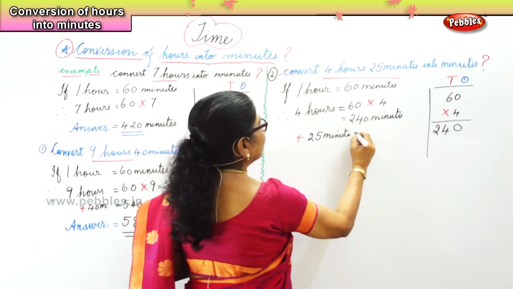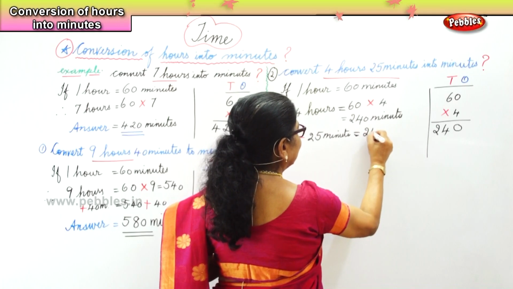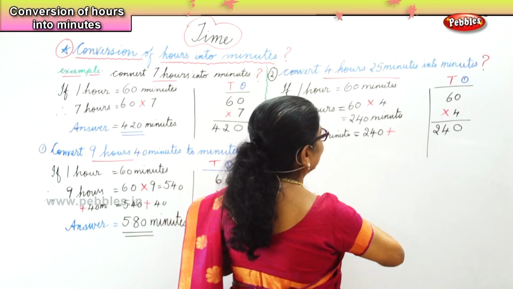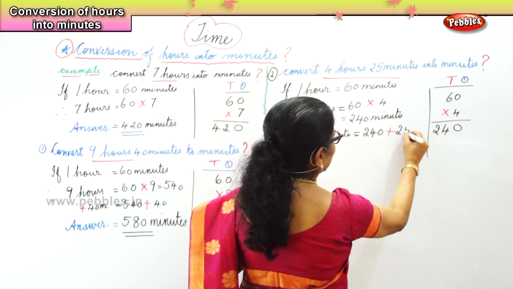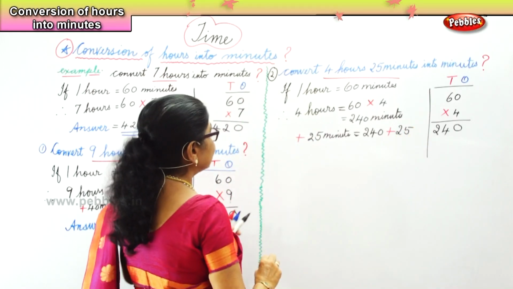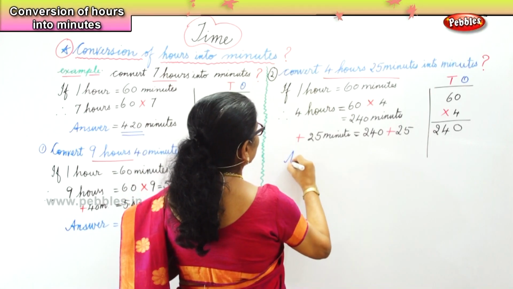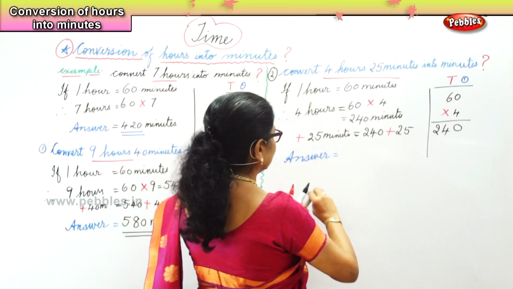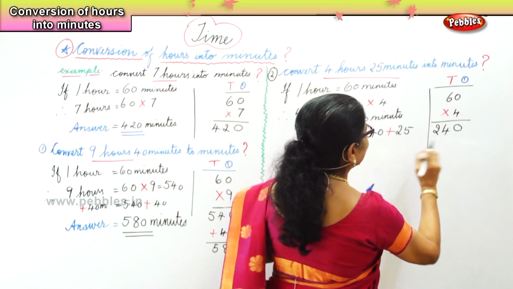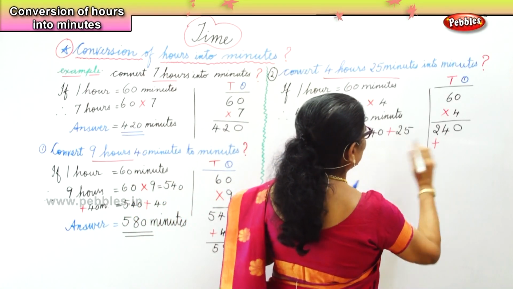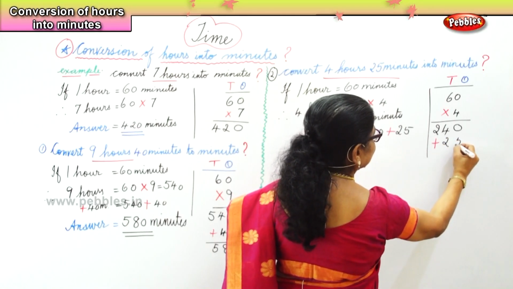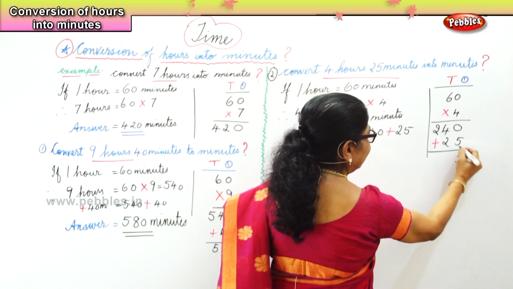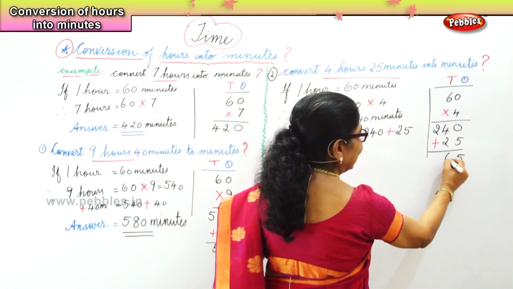That is 240 plus 25. And that will give us the answer. So you have to add here plus 25 minutes. 0 plus 5 is 5. 4 plus 2 is 6.